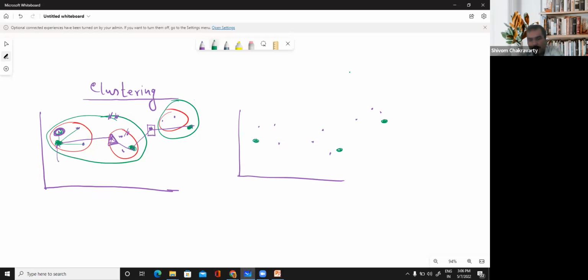So once such an initial clustering is done, every data point will be closest to one of these 3 midpoints. It is not necessary to choose just 3 midpoints. You can choose 4, or you can choose 2, or you can choose any number. It is customary to choose between 2 and 3 to begin with.